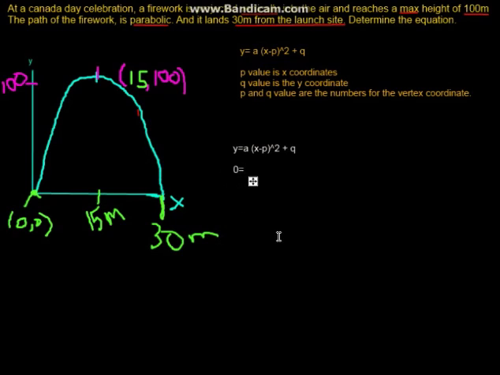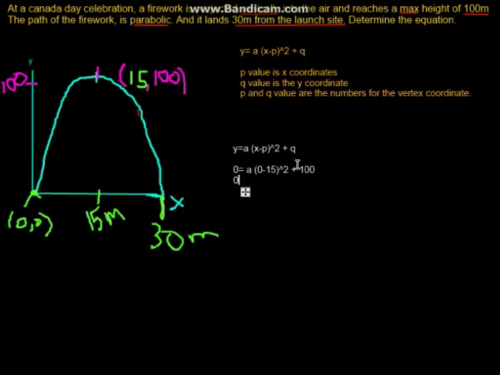You could use the other coordinates if you wanted, but it's easier to use 0, 0. So 0 equals a bracket x, minus p, which is 15, because p is the x coordinate of the vertex, bracket whole squared, plus 100, which is the y value, the 100 meters that it goes up by.